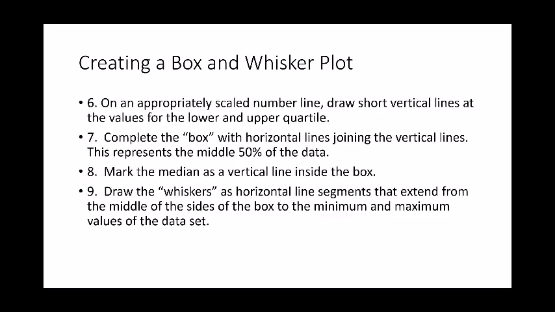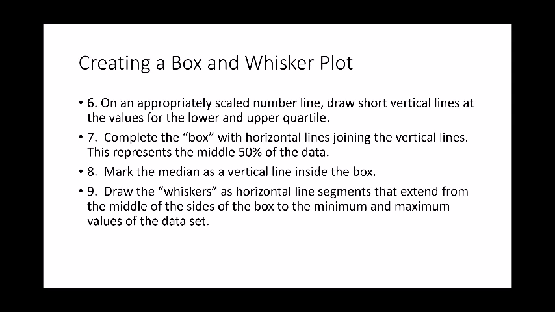Step 6, on an appropriately scaled number line, draw short vertical lines at the values for the lower and upper quartiles. Next, complete a box that joins these two vertical lines. This box represents the middle 50% of the data.